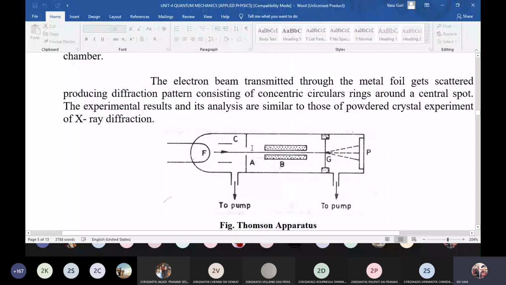Later, when this electron beam strikes the gold foil, in the previous experiment the electron struck the nickel target, but in this experiment the electron will strike the foil. After that they get diffracted and scattered. Those electrons will be incident on the photographic plate P.